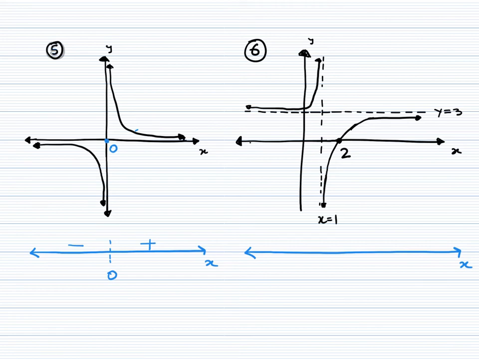One more. This one looks a little bit more complex, so we're going to observe and talk about it a little more. We can see that this graph is cutting the x-axis when x is equal to 2, so let's label x equal to 2.